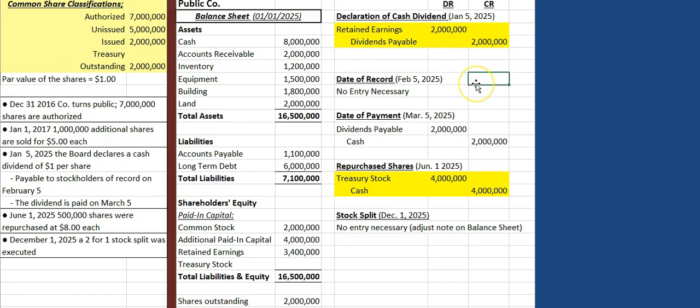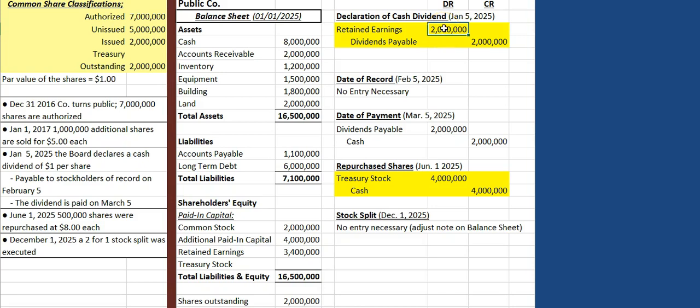Okay, so let's do the calculations. The calculations say we've declared a dividend of $1 per share, and there's 2 million shares outstanding. So companies pay out of retained earnings, right? Retained earnings has a credit balance. So since they're going to pay out of their retained earnings, that means they need to lower their retained earnings by $2 million.